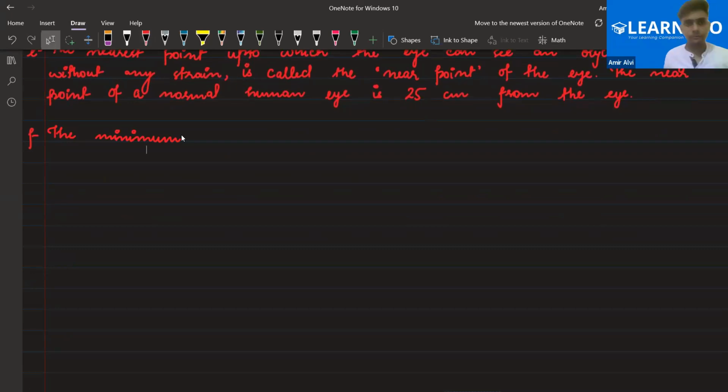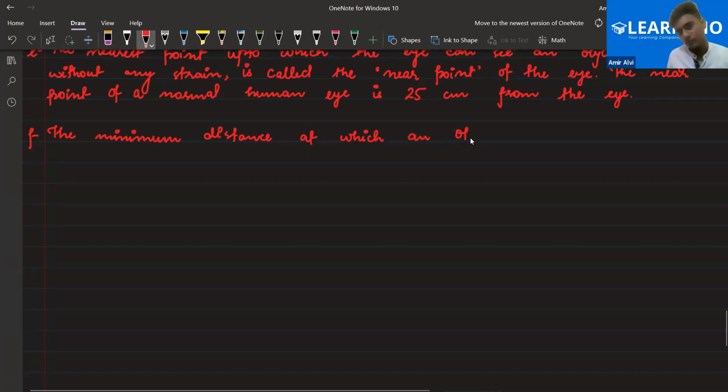The minimum distance at which an object must be placed for the normal human eye, the least distance for distinct vision, is 25 centimeter. Clear? Yes, sir.